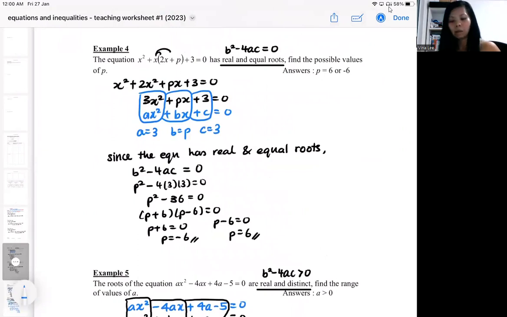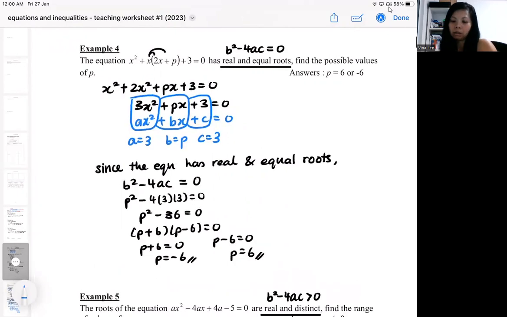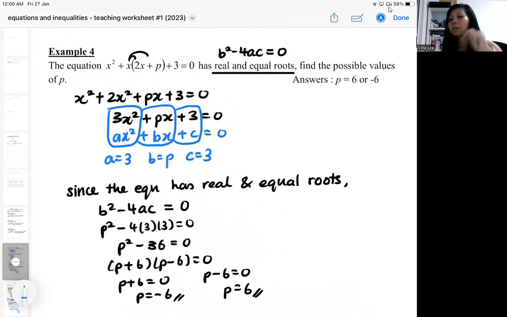You might get the condition correct, but then if your ABC is wrong, you couldn't execute the condition correctly. For such type of question, if you execute the condition wrongly, for example in this case, it's real and equal roots, the discriminant is equal to 0. If you accidentally chose the discriminant to be less than 0, the whole question will get you 0 marks.